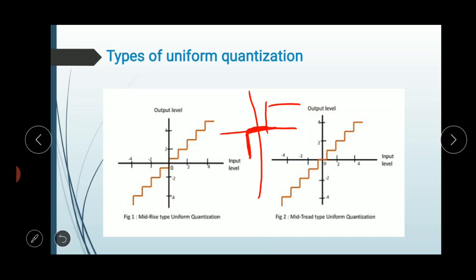Okay, so origin is in between a tread of a staircase. Means if this one is the complete staircase, the origin is present in between this line, means this line is known as tread. Because of that, this is known as mid-tread type uniform quantization.